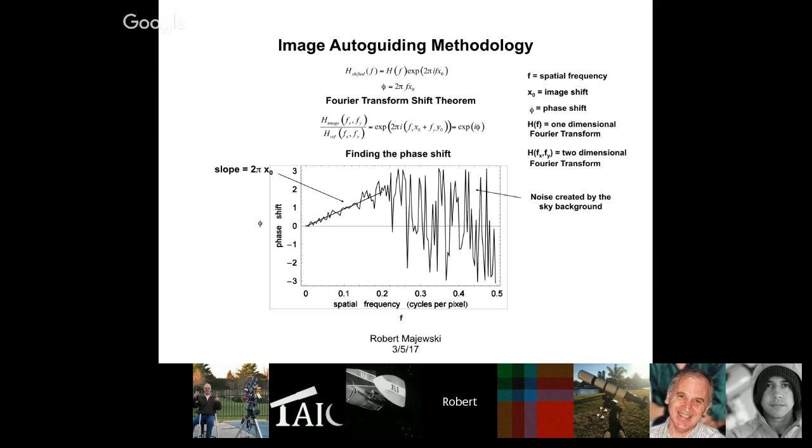The star and constellation, the distribution of the star detail, is down at low spatial frequency. So the algorithm basically works down here, ignores all this garbage over here, and estimates that slope to find the image shift. So basically what we're doing is replacing a centroid calculation with this methodology working in 2 dimensions. Okay, probably said more than enough on that, but that's the basic idea.